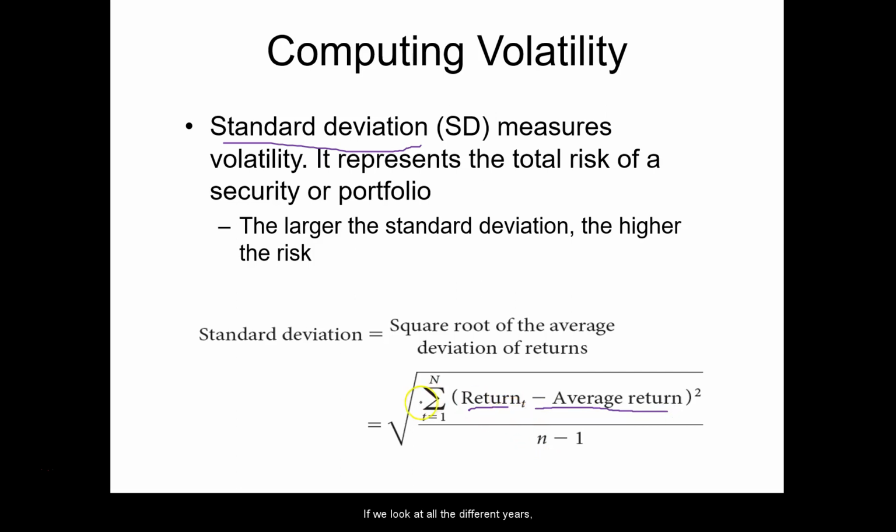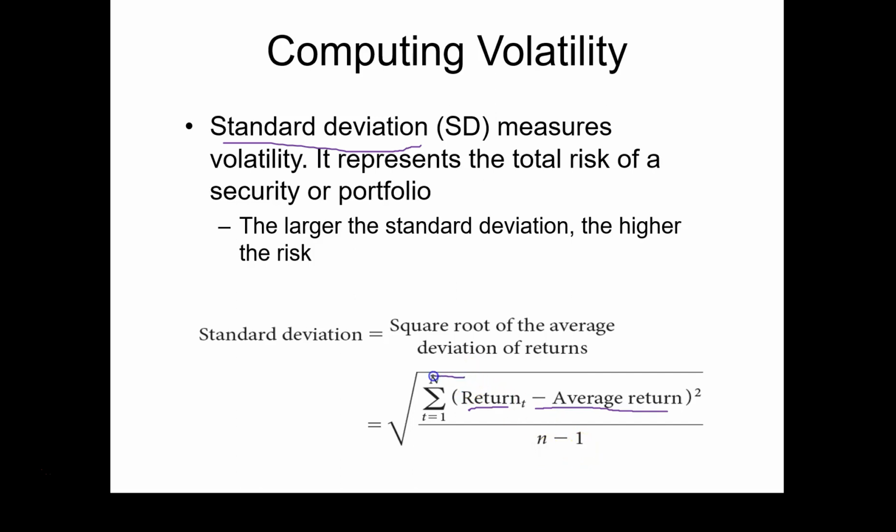If we look at all different years, for example, the past 10 years, and we calculate the average return for the investment across the past 10 years, and then we look at each year, how the return every year deviates from the average, what we will do is to calculate a square term of this deviation and sum them up across all 10 years and then divide it by 10 minus 1.